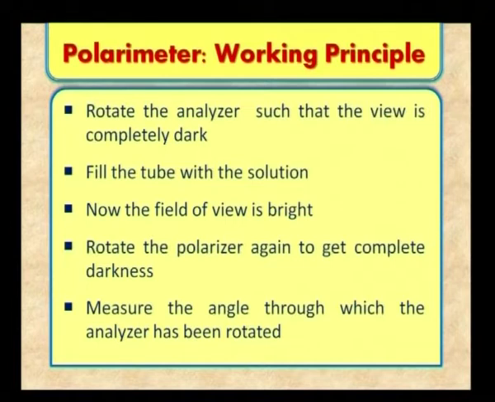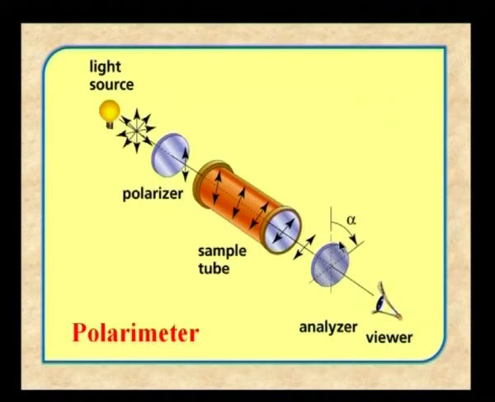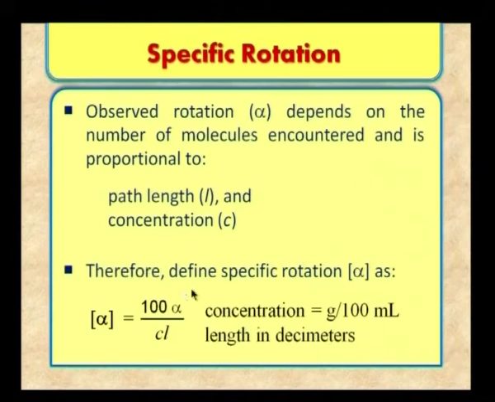Previously it was completely dark, then it becomes bright, then rotate the analyzer again to get complete darkness. Measure the angle through which the analyzer has been rotated to obtain complete darkness, that is the angle alpha, that should be substituted in the expression that I showed you earlier to obtain the specific rotation. This is angle alpha. What is angle alpha?